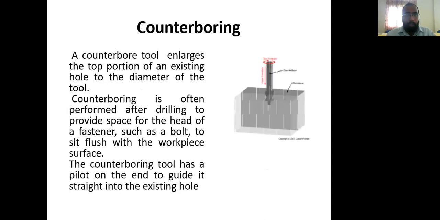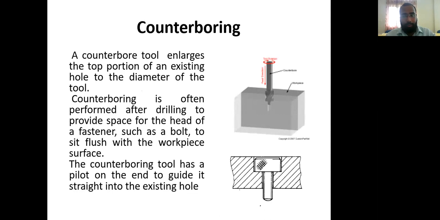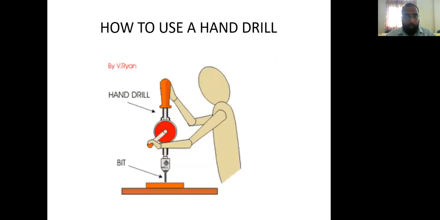And counter boring, as I said earlier: if I want to increase a hole size at one end, I'll use a counterbore tool to increase the diameter of the hole to a certain depth. If I increase the diameter throughout the workpiece, it is not called a counterbore. If I increase only at one end, it is called counter boring. You're looking at this, right? This is a counterbore hole.